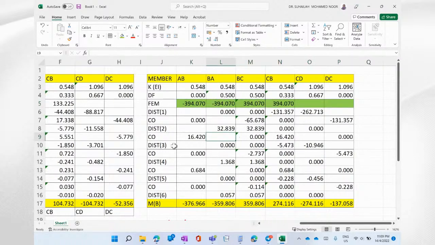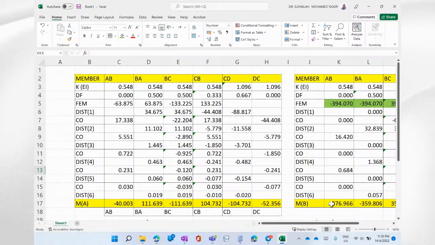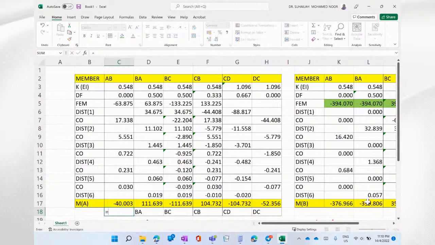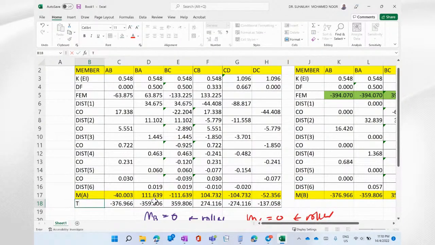So the total moment will be, let's get the total moment. This is MB.